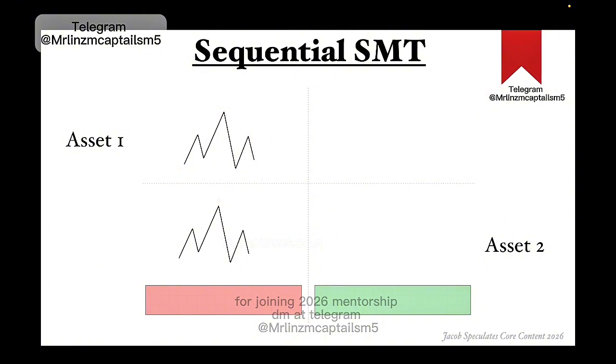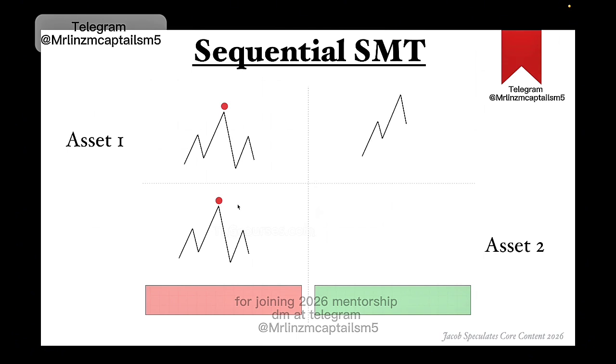We can see the high of this quarter on both assets is this high right here. This is the important high that we're focusing on. As soon as this quarter closes and the next quarter opens up, we're immediately drawn to seeing how price treats these highs on both respective assets.